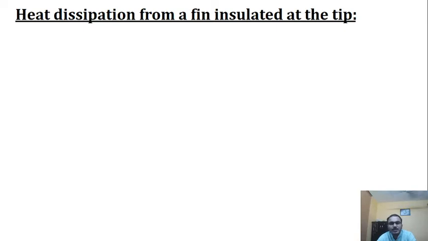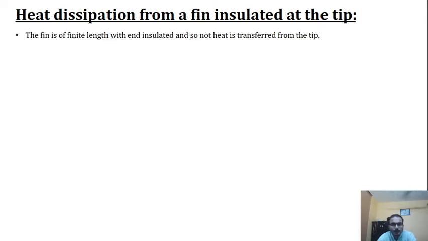Now we are beginning our new topic, which is heat dissipation from a fin which is insulated at the tip. So here in this case there is no specific figure for this, but let us say that this is our heated wall, and here we are having this as a fin.